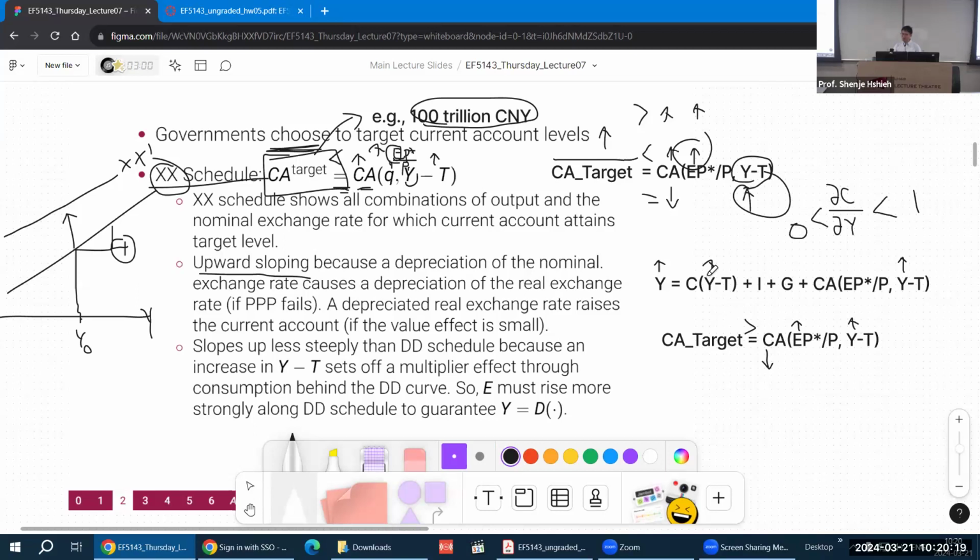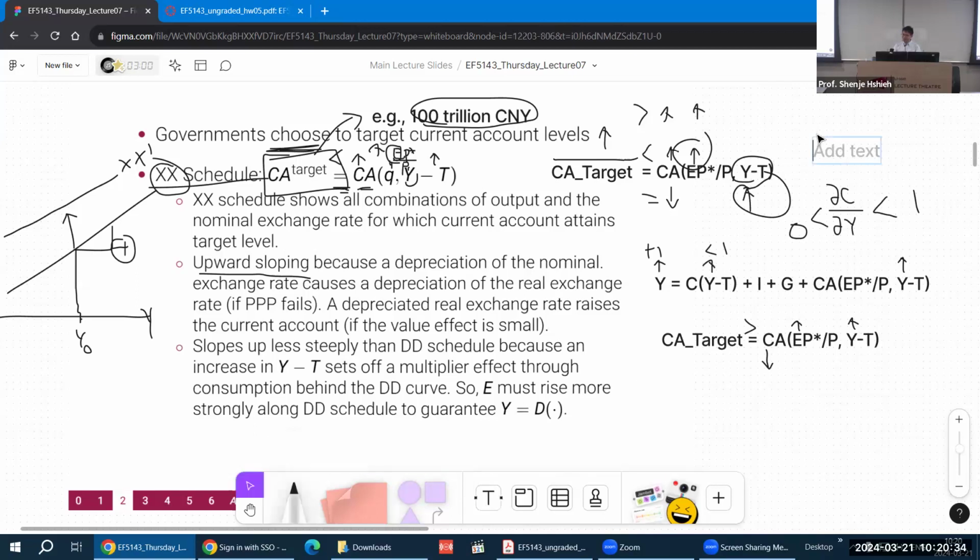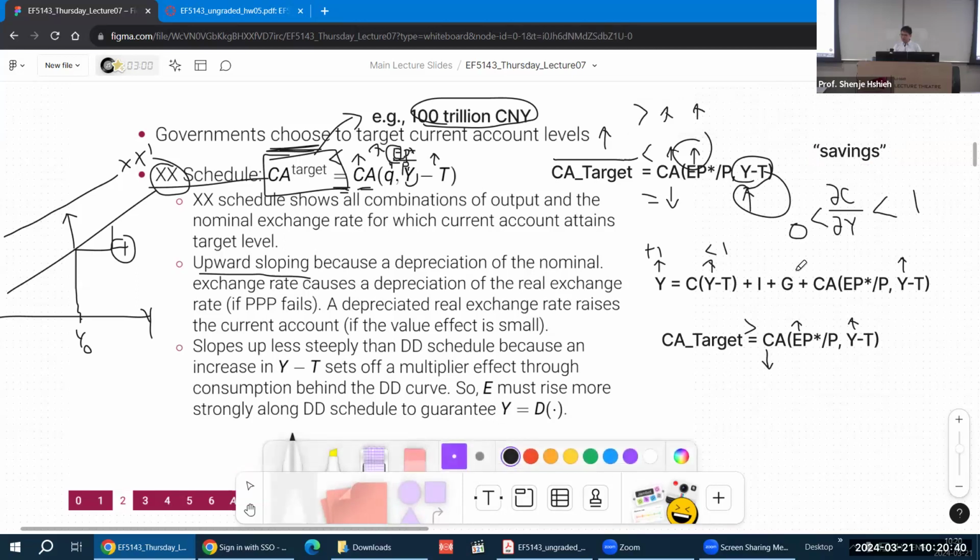Okay? In which case, the increase in Y here, let's say it's plus 1, will only lead to an increase of some number less than 1 here because of savings, right? This is a savings effect. And then you have this effect here, which is the same as this one, right?